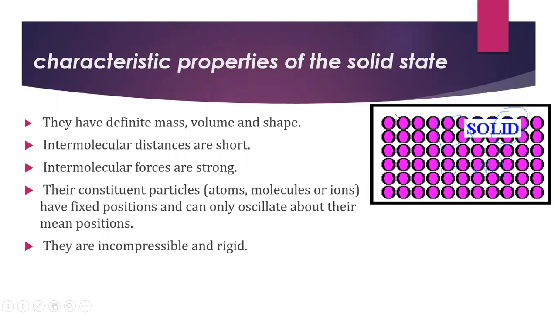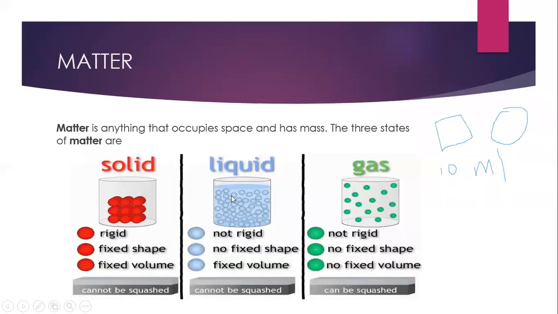Next, intermolecular distances are short. If you talk about these constituent particles, they are very close to each other, means they have a very short distance, and due to short distance they have a strong intermolecular force of attraction. As we know, in case of a liquid, particles are away from each other. In gas, particles are very far away from each other, so intermolecular forces of attraction are weak.